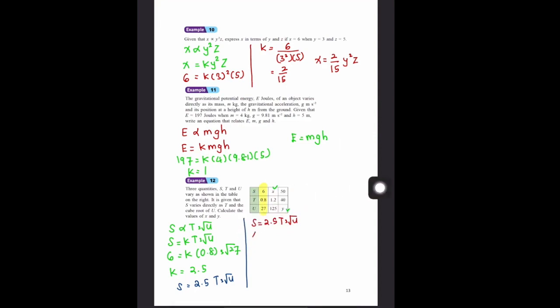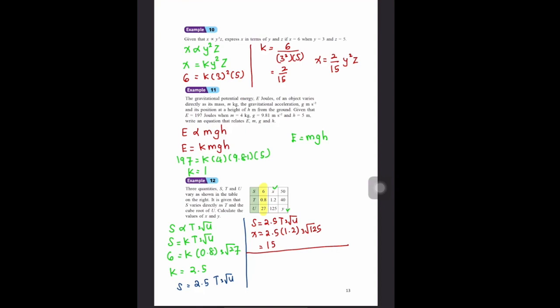So x equals 2.5, T is 1.2, cube root of 125. So press your calculator. You will get the value of x is 15. The same goes to y.